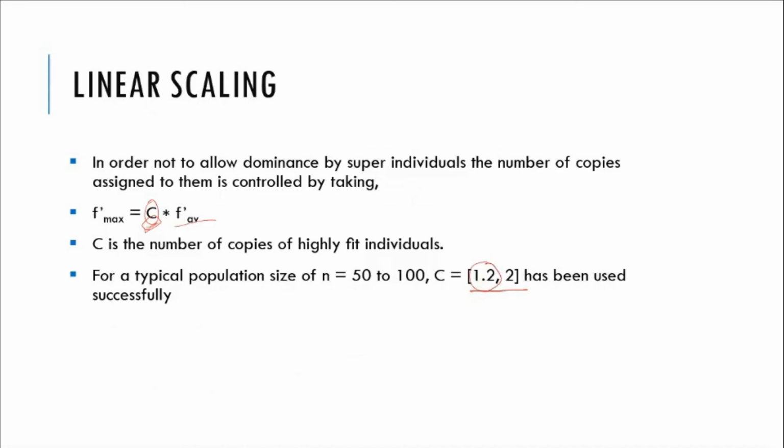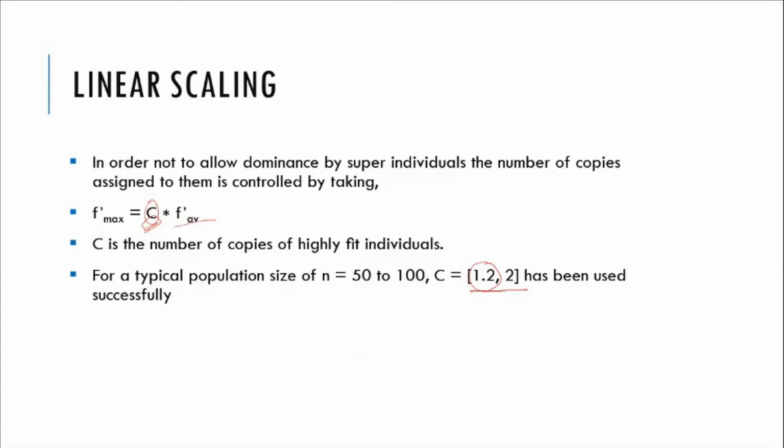But on average, if you consider 100 different populations, 12 populations will have 2 copies and the rest will have only 1 copy.